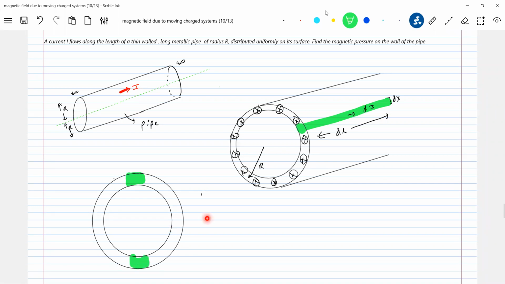How is the current here flowing? Current here will be into the plane. So how will this element produce B bar? This element will produce B bar like this, and here B bar, and this element will produce B bar. So like that, what is the resultant field inside the pipe? You check it.